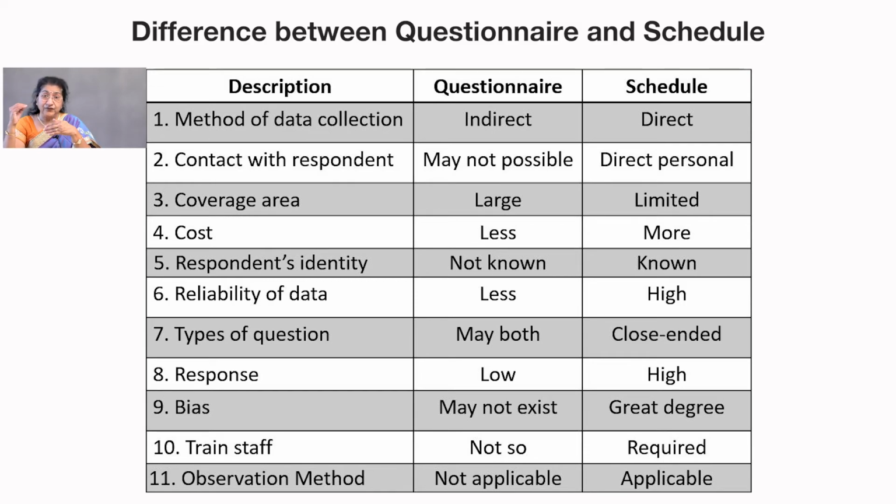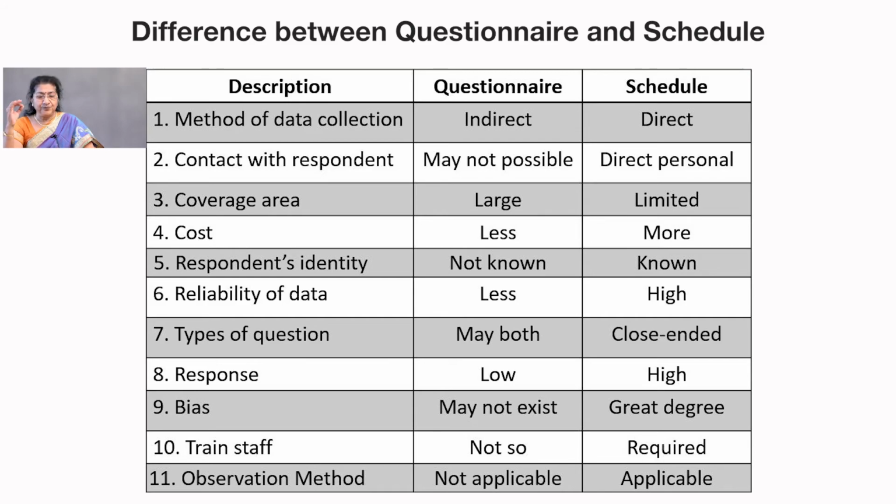Then so far as reliability of data is concerned, in a questionnaire it is less, because if the researcher is not present, then the respondent may reply in a haphazard manner. In the schedule method, reliability is very high.